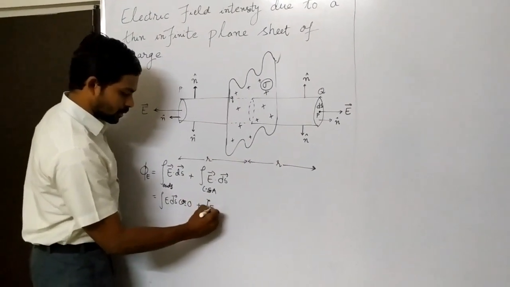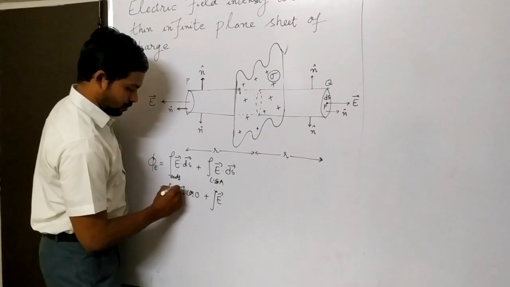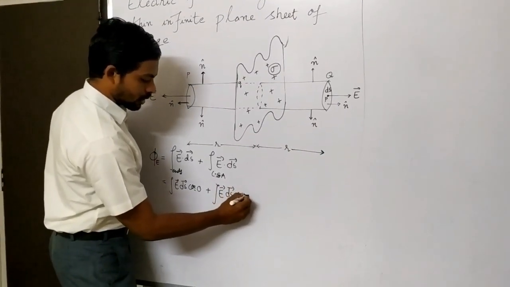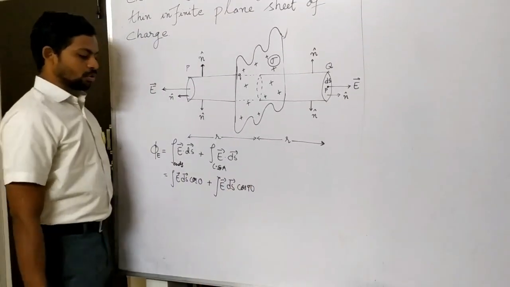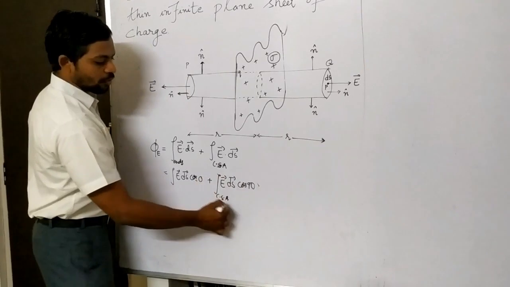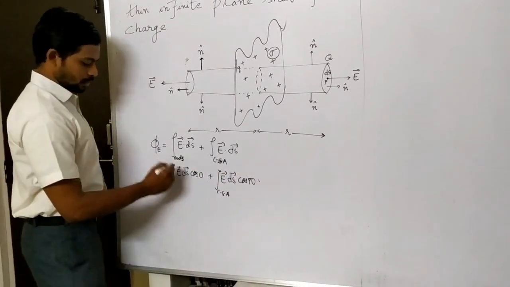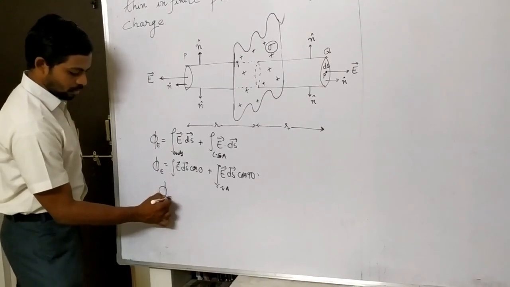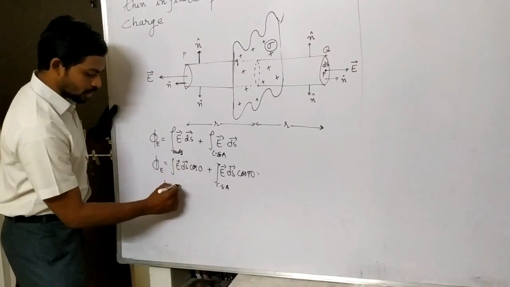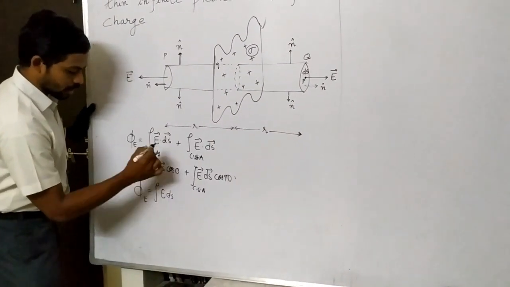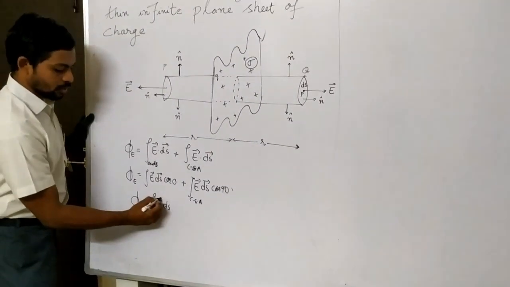So here it is E ds cos 90. We know cos 90 value is 0. So the contribution of the curved surface is nullified here. So we are left with this, that is integral of E ds. Cos 0 value is 1.